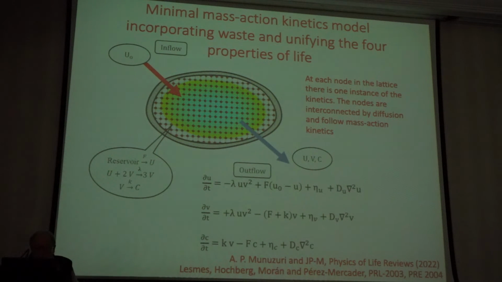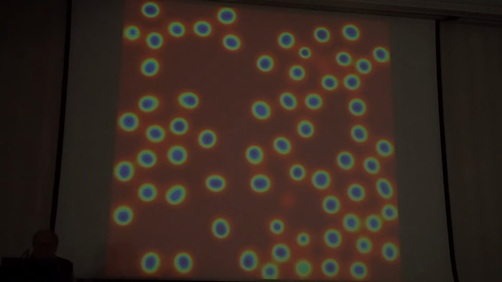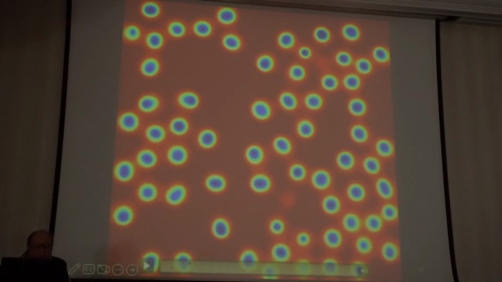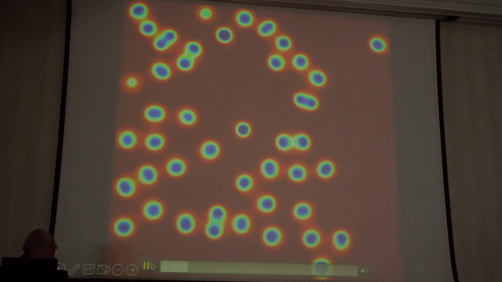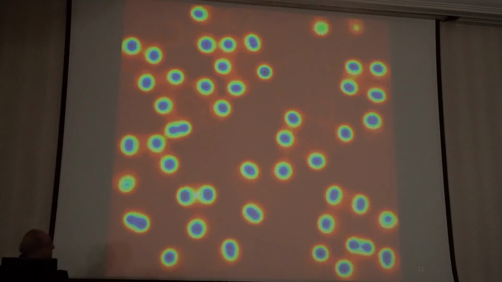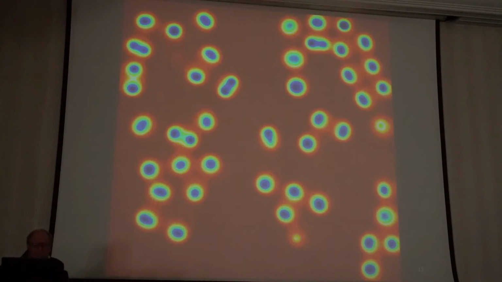So when you put that model in a computer, and this is not a great simulation that I have here, but it's the one that I was able to download today, you give a particular type of boundary conditions. Here is what happens with those equations. You can see that it looks like a cocktail of cells.